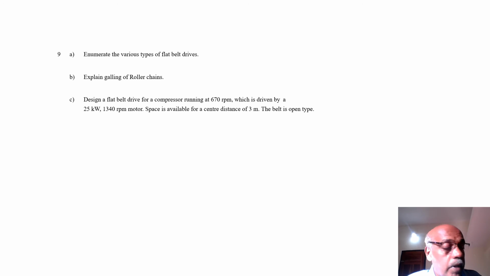But what I am telling is, this is a very simple question compared to the previous questions. You have to tackle this question by means of the basic concept of belt drive. One or two equations you have to take from the data book. If you know that idea, definitely within 5 minutes you can finish this design question.